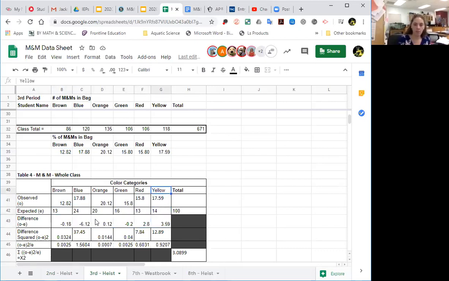Again, taking the observed 17.59 minus 14 gives me 3.59. Then I have the difference squared. So I took this negative 0.18, squared it, gives me 0.0324. Again, did that for all of my values.